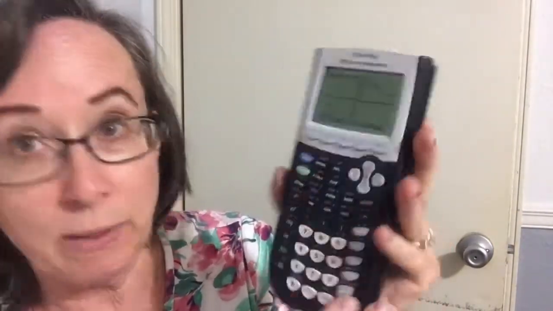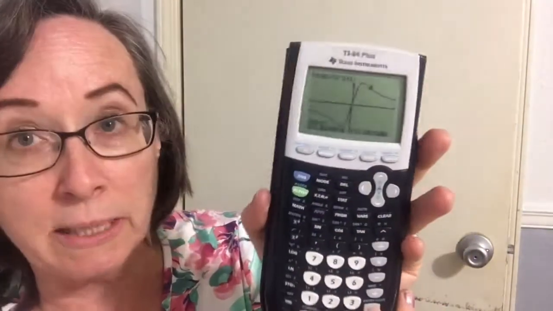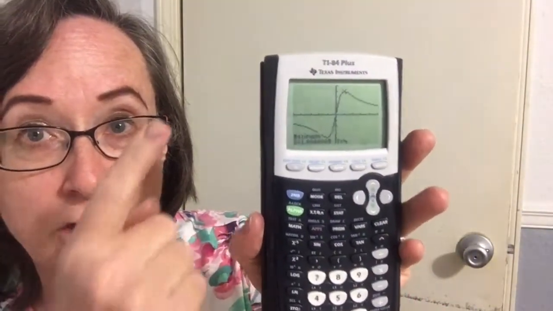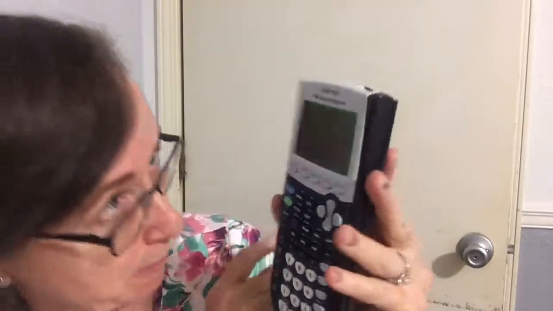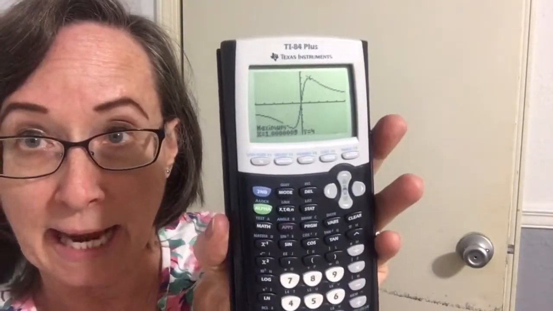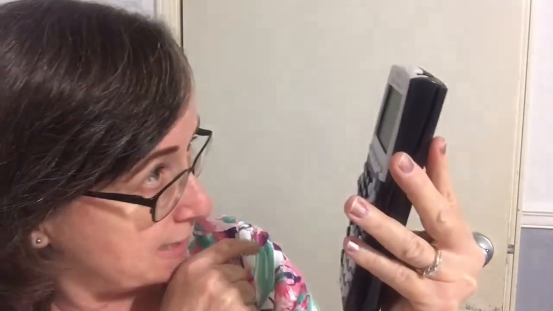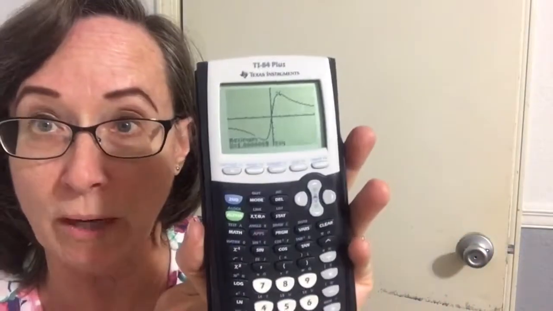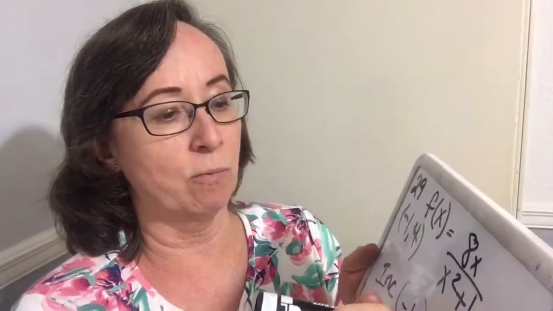And then would it like me to guess? Yes, I would like it to guess, and it should put the cursor right on top of the mountain, and it does, and then it gives me its best guess, which is 1, 4. Okay, so we had our minimum at -1, -4 and our maximum at 1, 4.